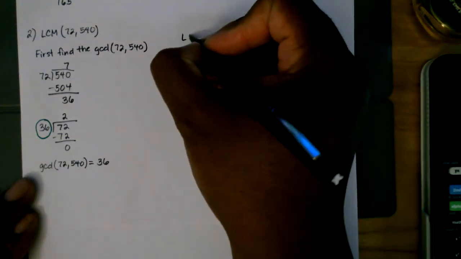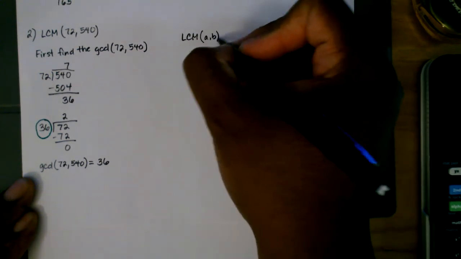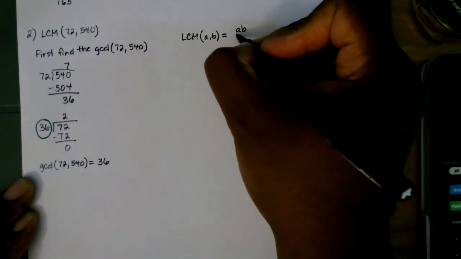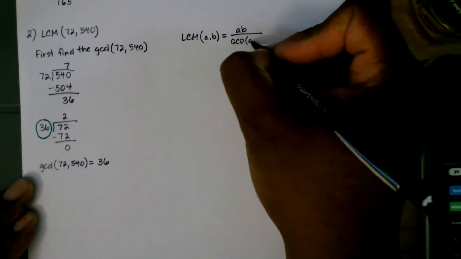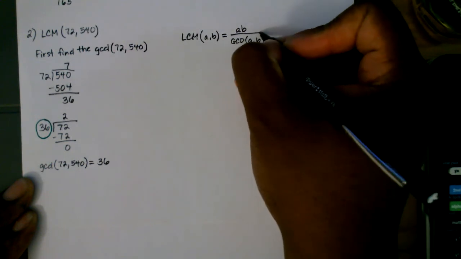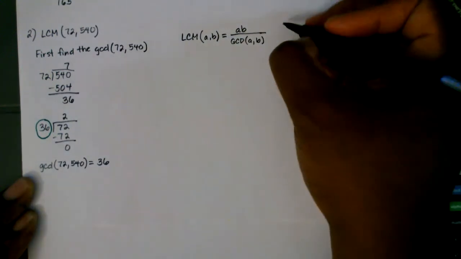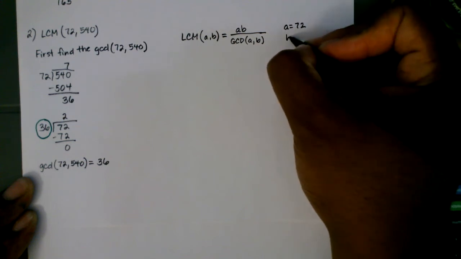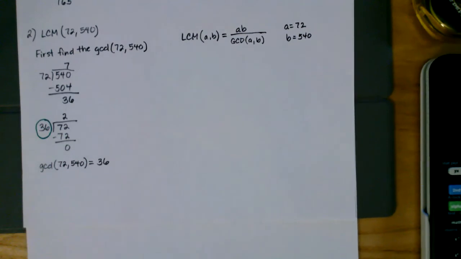Now, you're told that the LCM of two numbers, A and B, is equal to A times B divided by the GCD of those two numbers, A and B. Now, in this case, we're going to let A be equal to 72 and B be equal to 540.